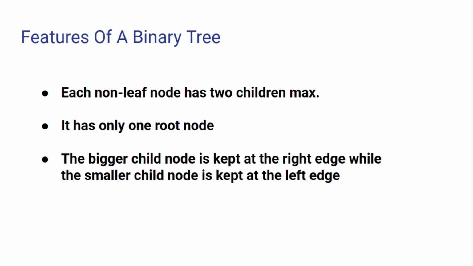You can see edges as kind of like branches in a real-world tree. Like I said in the last session in the visual depiction, the nodes which are bigger are kept at the right edge, and the ones that are smaller are kept at the left edge. So that's one of the major features that governs the implementation of binary trees and how they behave.